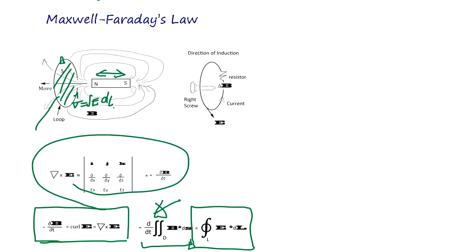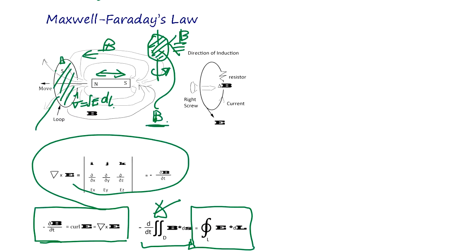The interesting fact about this formula is you can go through it in a little more detail. You move B and the conductor is fixed, or the conductor is spinning and the B is fixed. It doesn't matter, only the change of B matters.